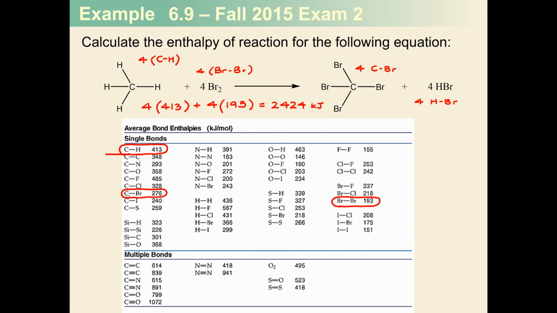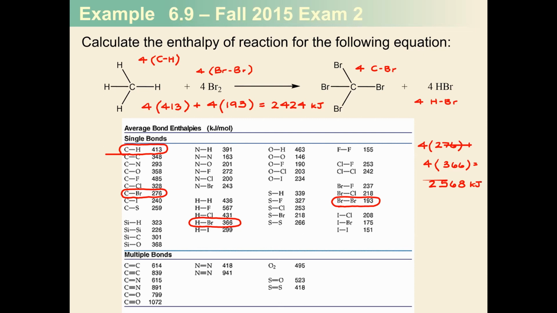And then finally, HBr can be seen here with our 366. So if I go and take my 4 times 276 plus my 4 times 366, I get a value of 2568 kilojoules. That's how much energy I am going to be releasing.